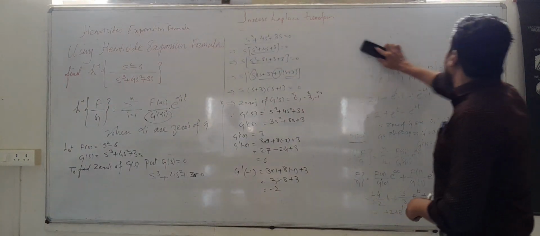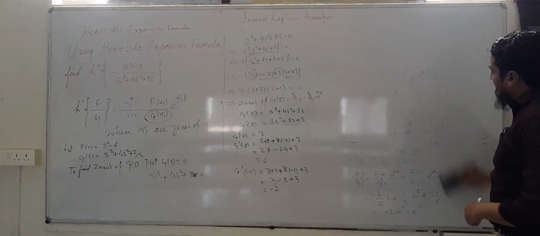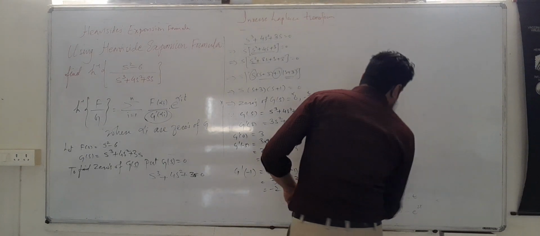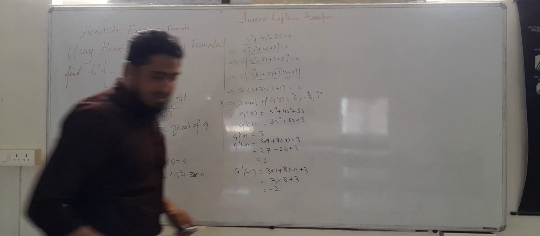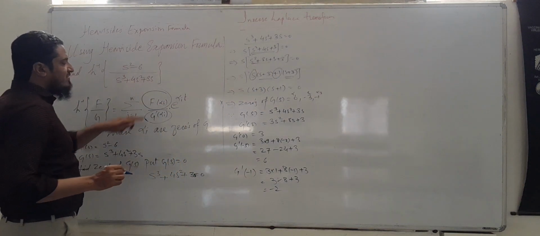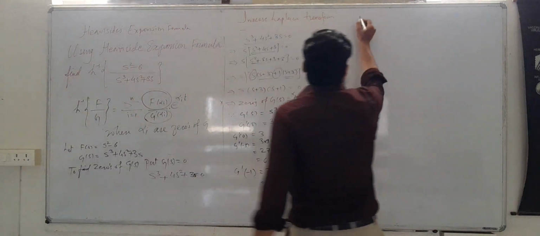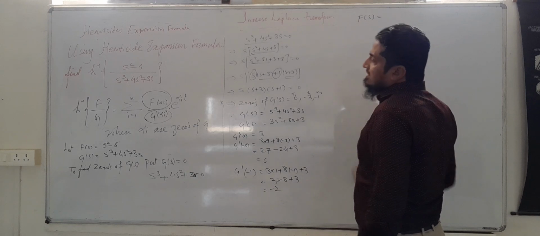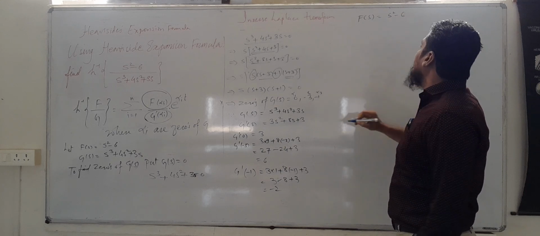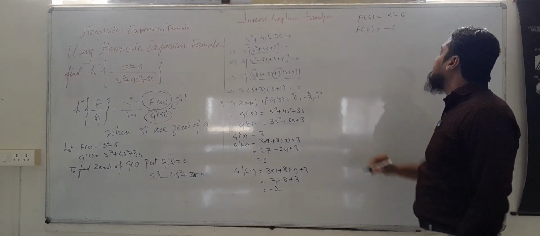Now, in the formula we need f of alpha i, and the alpha i are 0, minus 3 and minus 1. Since in this formula we want f of alpha i in the numerator, and f of s is given as s square minus 6, we have to find f of 0, which will give us minus 6.